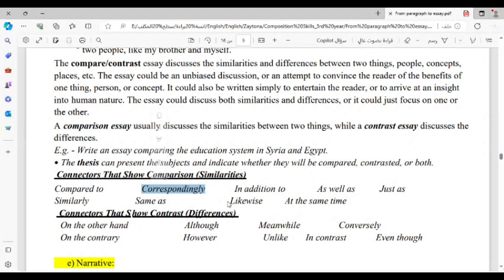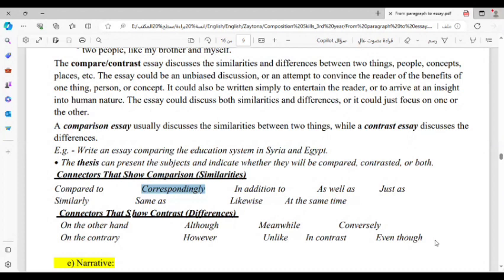It means in Arabic بالتالي وفي المقابل، بصورة مشابهة, just to show that the education system in Egypt is similar to the education system in Syria. Is it clear? Yes, it's clear.